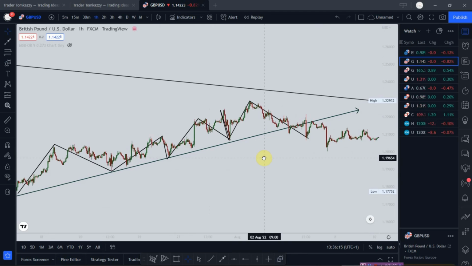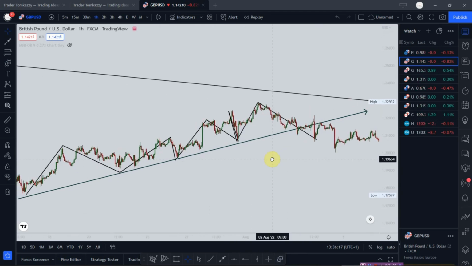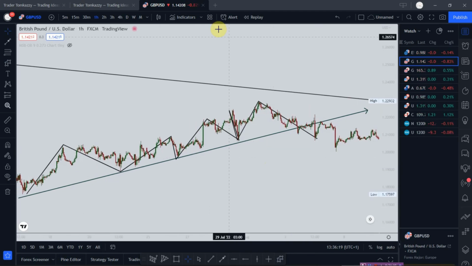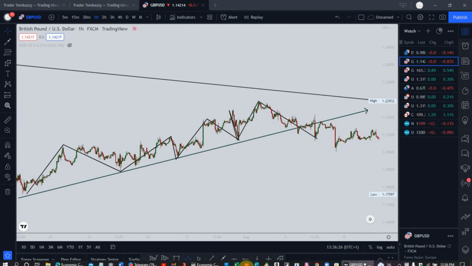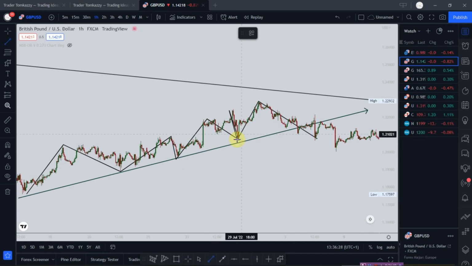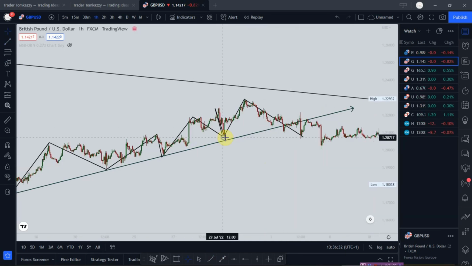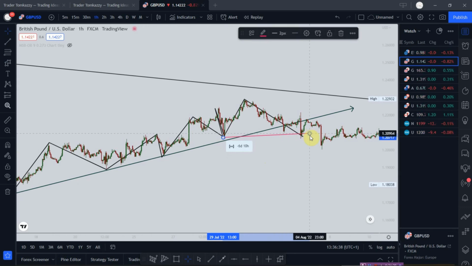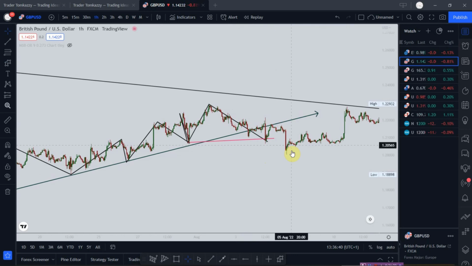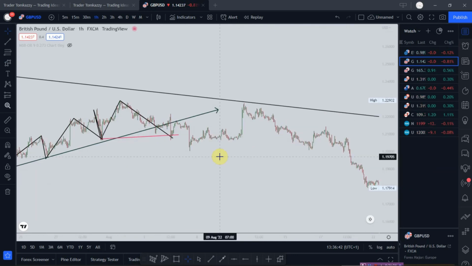So when do we say the uptrend is over? The uptrend is over when the previous higher low is taken, just like what we have over here. You can see that it was taken here. The market started doing something like higher highs and higher lows.